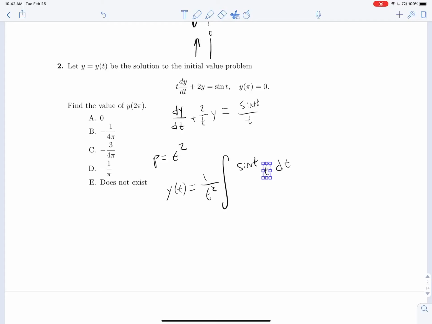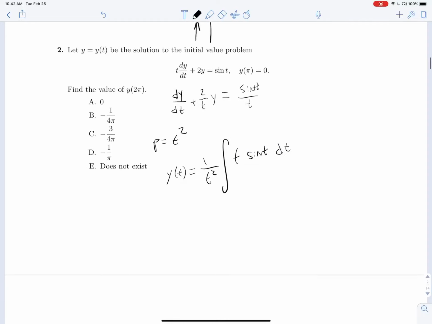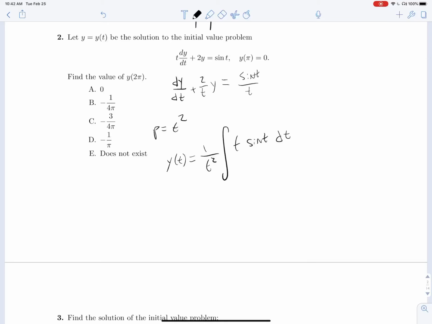We have t sine t. That integral right there, we're going to have to do some integration by parts. So let's see, u is equal to t, du is equal to 1 dt, dv is equal to sine t, and v is equal to negative cosine t.